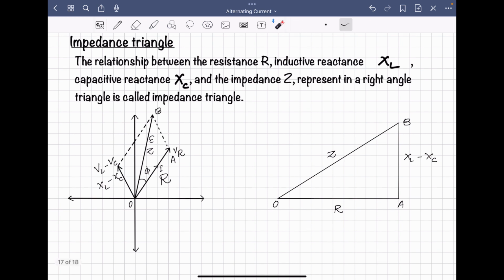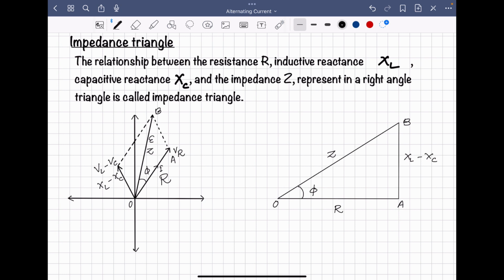And just see here, this angle is our phi. Here we consider VL minus VC, that is, VL is greater than VC, to be an inductive circuit, as the voltage drop across the inductor is more than the voltage drop across the capacitor. So here we can consider it an inductive circuit.